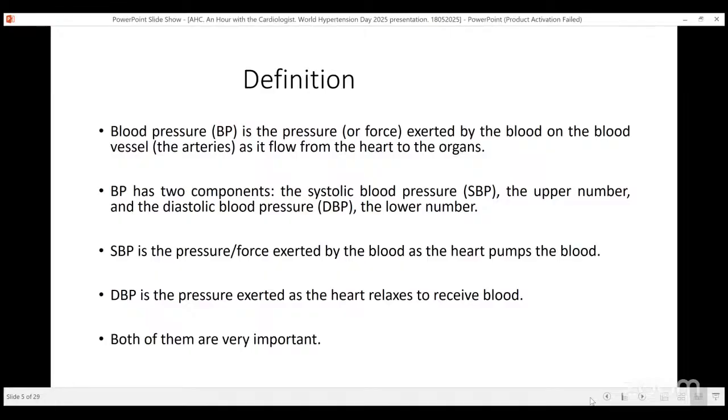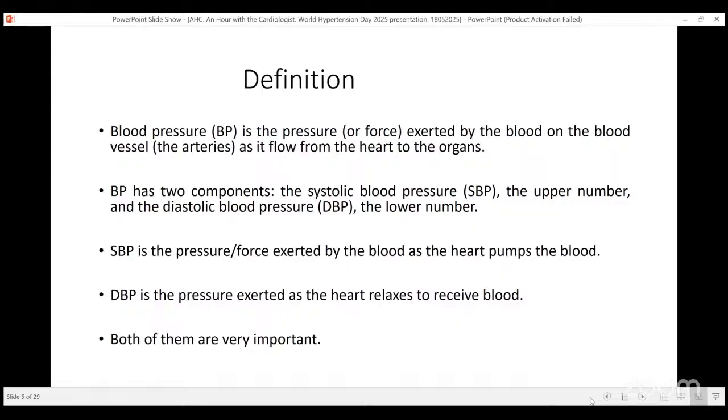And it's important that we know that it has two components: systolic blood pressure, the upper one, and diastolic blood pressure, the lower one. Most people focus on the systolic blood pressure and they neglect or forget about the diastolic. You ask most patients, what's your blood pressure?